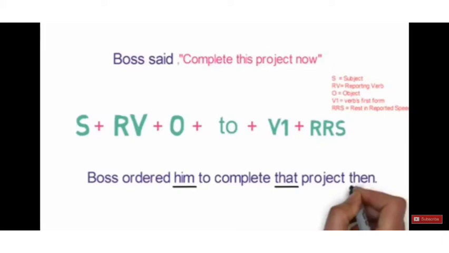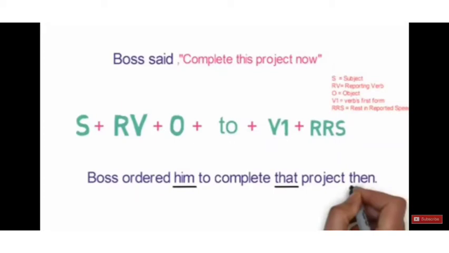And next we add the object him here, even though the object is not given. As we learned in the rule, we should add the object after the reporting verb. And also we have converted the time denoting word as per this workflow. So the final answer is: boss ordered him to complete that project then.